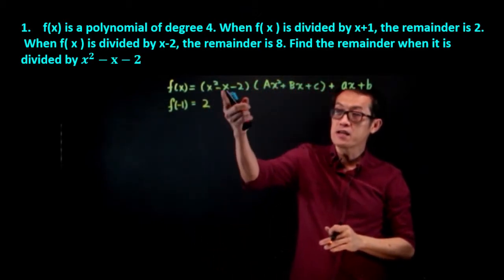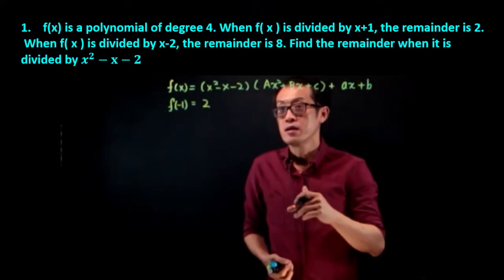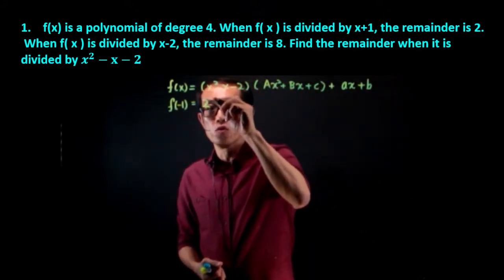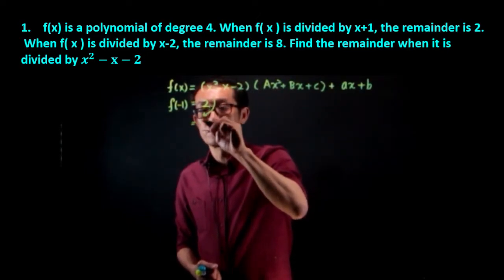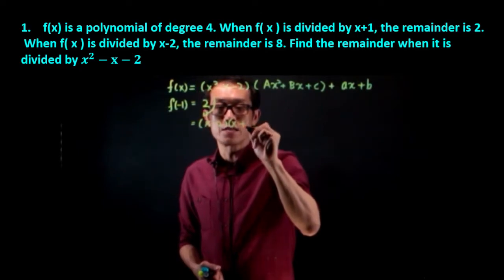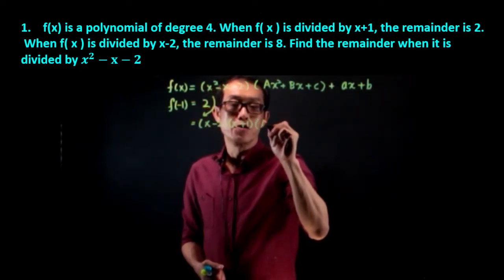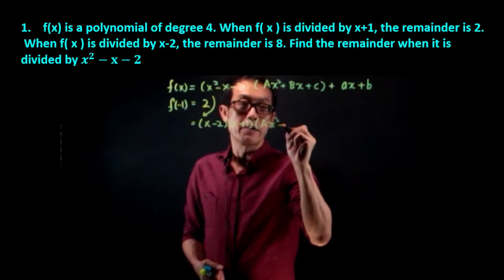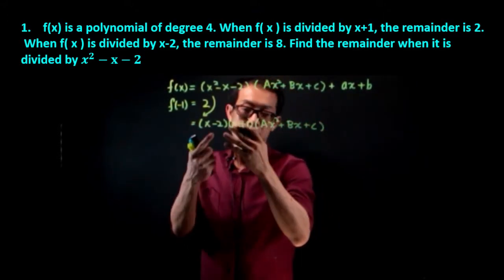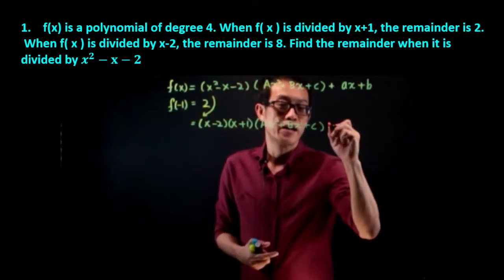But actually, this can be factorized into x minus 2 times x plus 1. You don't really need to do that, but I do this so that you can look at it in another way.